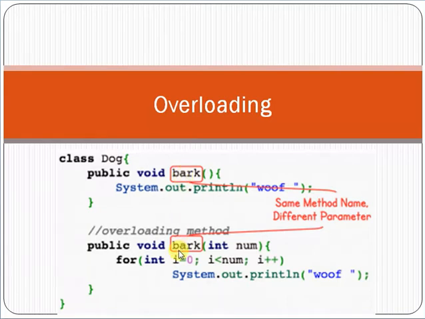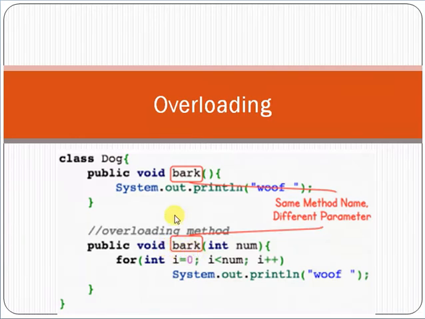And if we call the method with a parameter, for example 2, it will print woof two times, because at the time of compilation the compiler will see whether the call to bark is without a parameter, so it will call this bark method. If the bark method is called with one parameter, it will call that bark method.